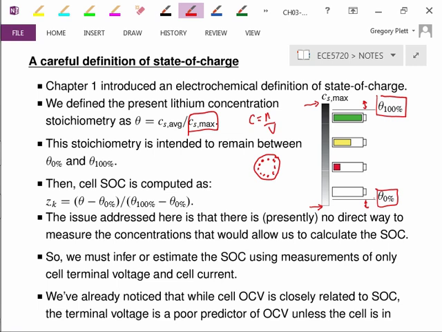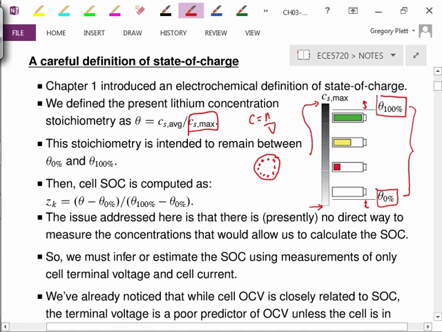I can still discharge more. It's just that if I do discharge more, it's going to cause a safety issue or a lifetime issue. So when we're thinking about state of charge for a cell, we're thinking about operating in this range, which is a smaller range than this range.